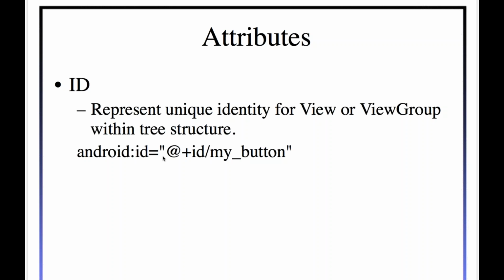As you can see, this ID attribute is very important for our application because of two reasons. First, it creates a pre-compile time memory allocation for that component, and second, it helps us bind this component from the XML file to the Java file.